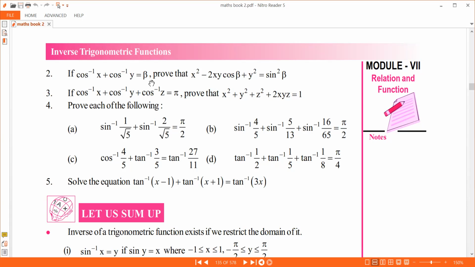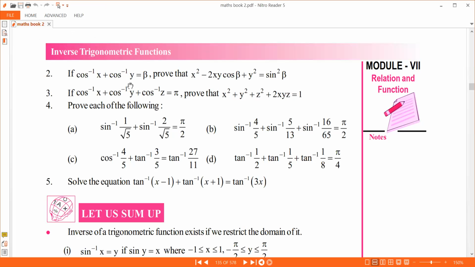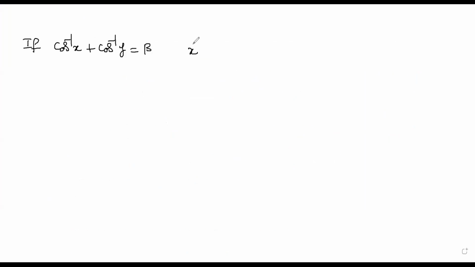If cos inverse x plus cos inverse y is equal to beta, prove that x square minus 2xy cos beta plus y square is equal to sine square beta.